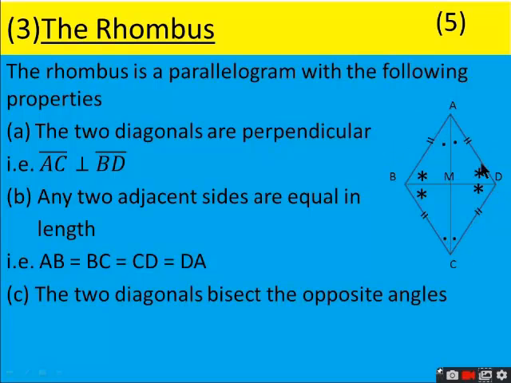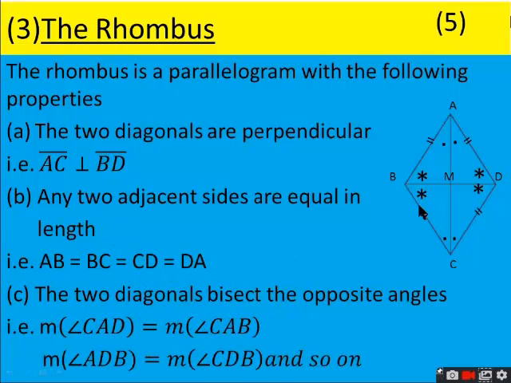Then if we have a parallelogram and each two adjacent sides are equal in length, then it becomes a rhombus. The properties of the rhombus are, number one, the two diagonals are perpendicular. Number two, the four sides are equal in length, or any two adjacent sides are equal in length.